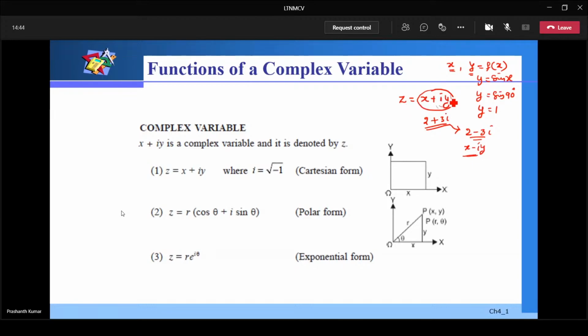Z is equal to x plus iy you are writing, which means you will get automatically x minus iy. So two variables you are getting. This we call the z conjugate, the shadow is there. Therefore complex numbers are not single valued functions.